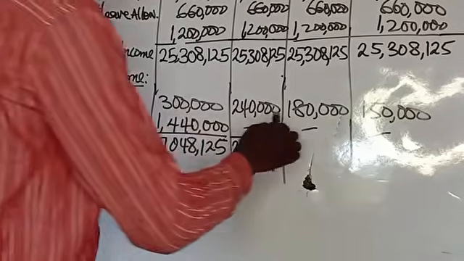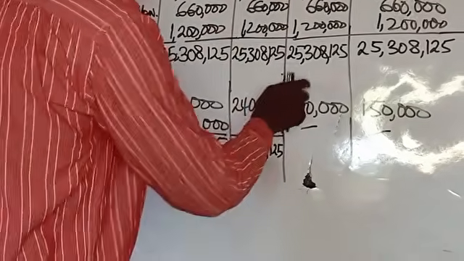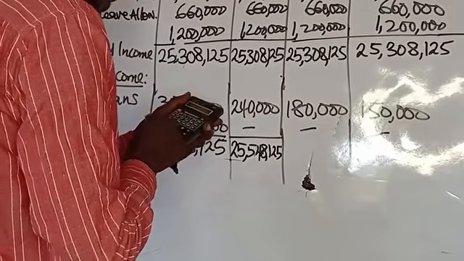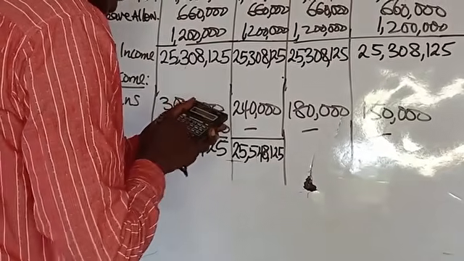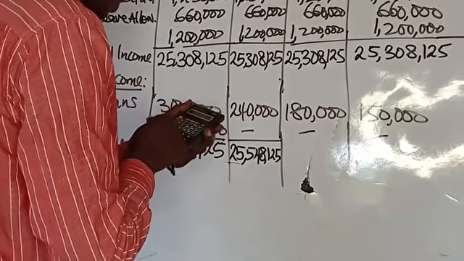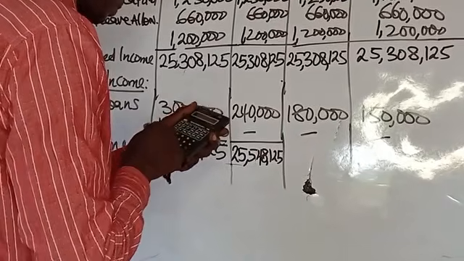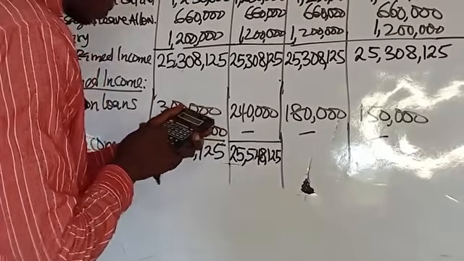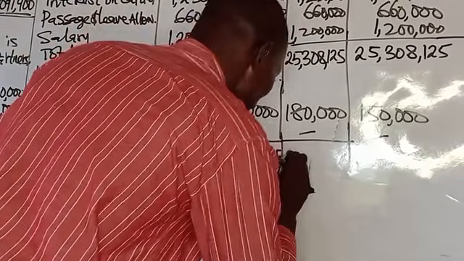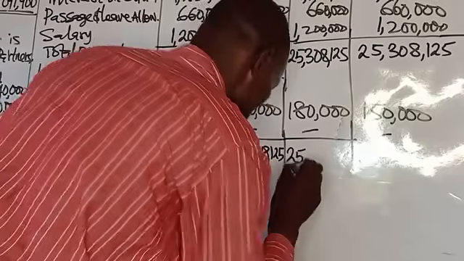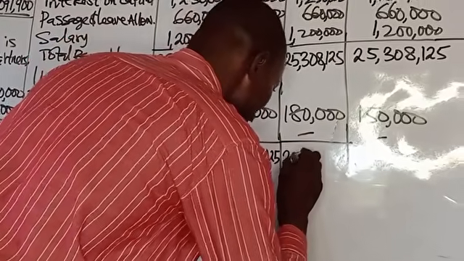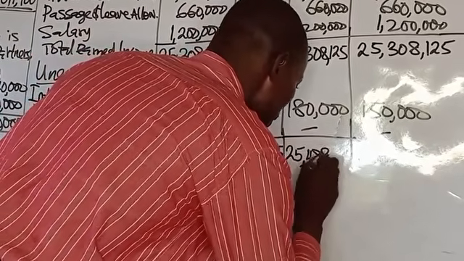Then we add for that of Kola, 25,308,125 plus 180,000. That is a total of 25,488,125.